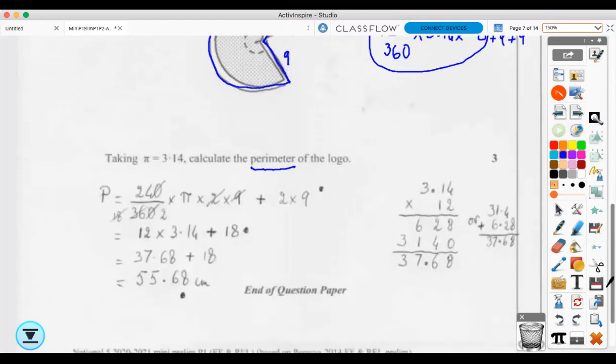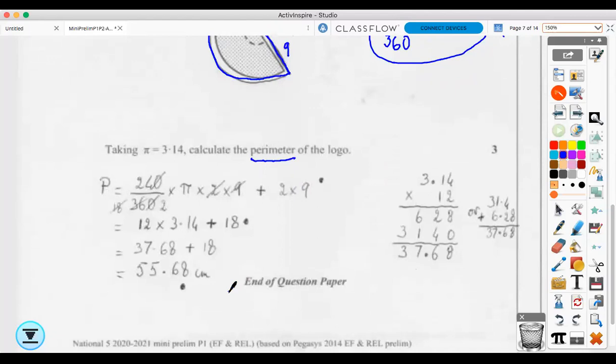So how do I do this? I'm going to make it much easier for me. First thing first, 240 divided by 360. You can divide top and bottom by 10. Then you end up with 24 divided by 36. You have 2 times 9, which is 18, and you've got 36. 18 divided by 36 is just a half.